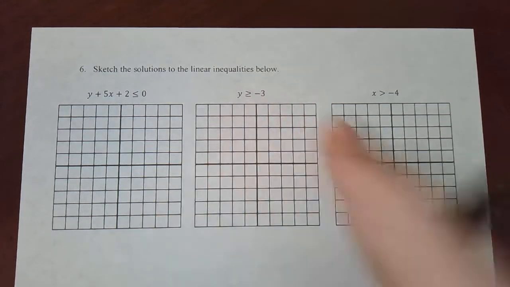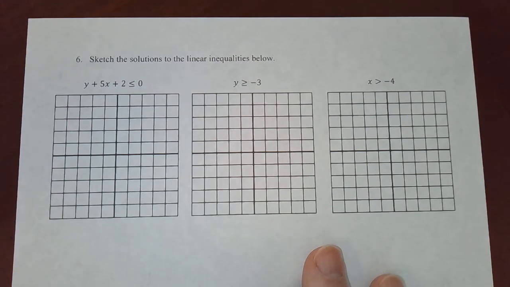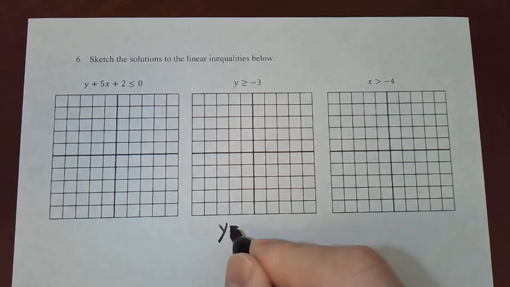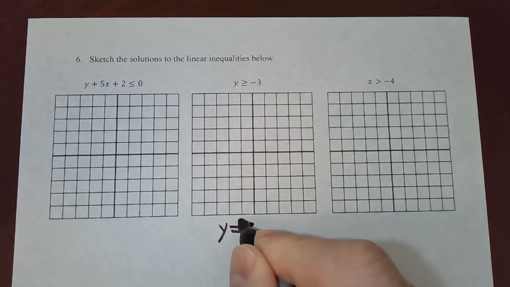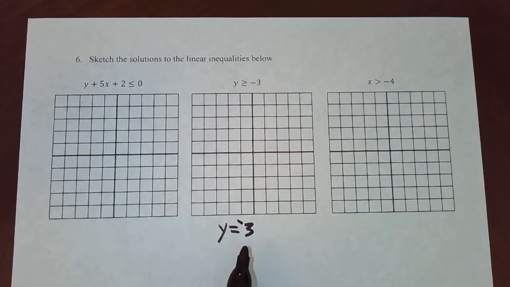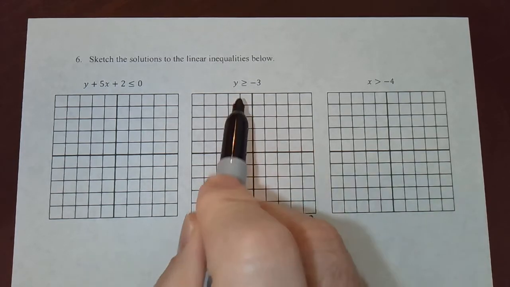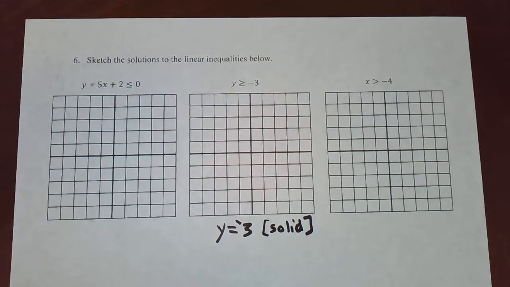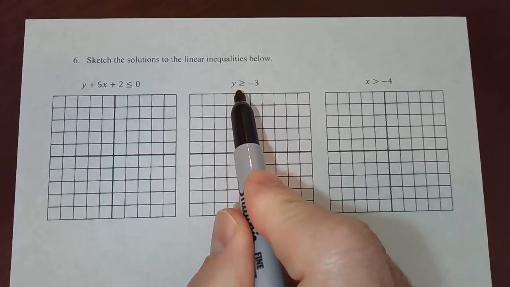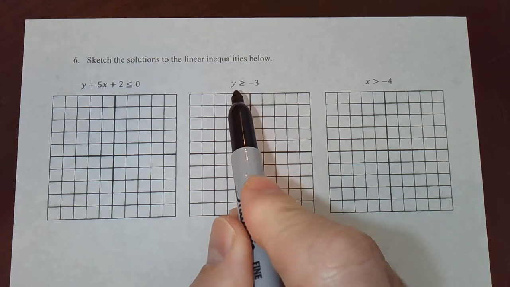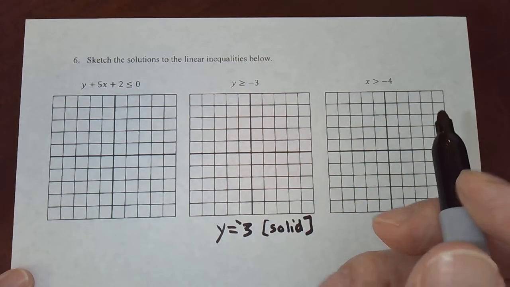So if we do as the instructions said, we first write the line y equals -3, which happens to be a horizontal line. And I'll make a note, we use a solid line because it's the greater than or equal. And we already know if we're going to do the upper half plane or lower half plane because y is greater than or equal, which means the upper half plane.